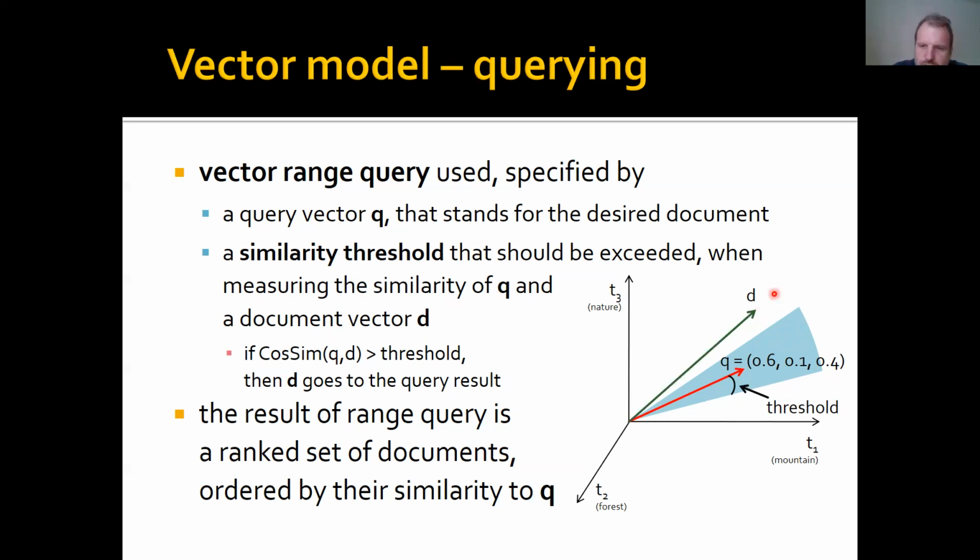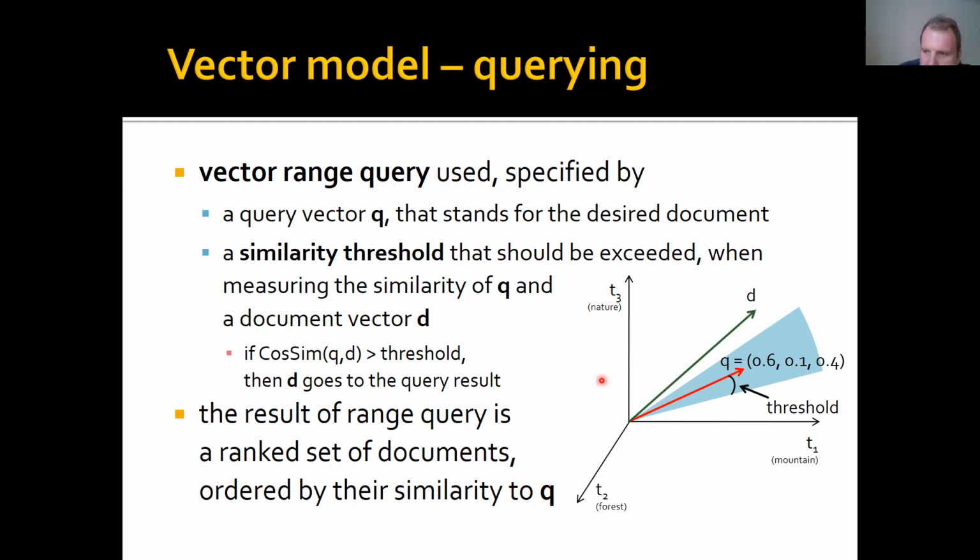Of course, in practice, we do not have this threshold, but we have only the so-called KNN query. We have the K nearest neighbor query, where K is the number of the nearest documents that should be obtained. And that's the second type of query that cannot be nicely drawn like this because we don't know the threshold. We only know we want 10 documents, but basically they are evaluated more or less the same.